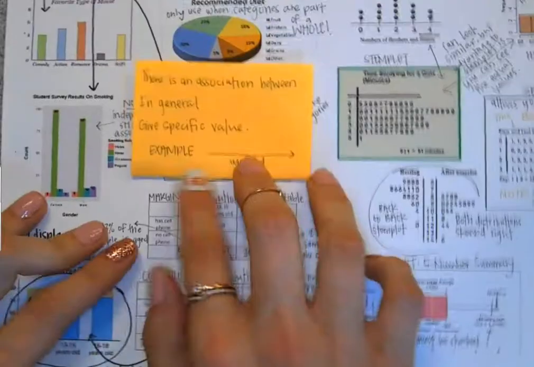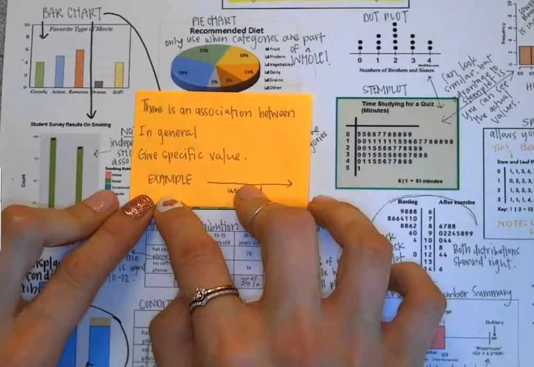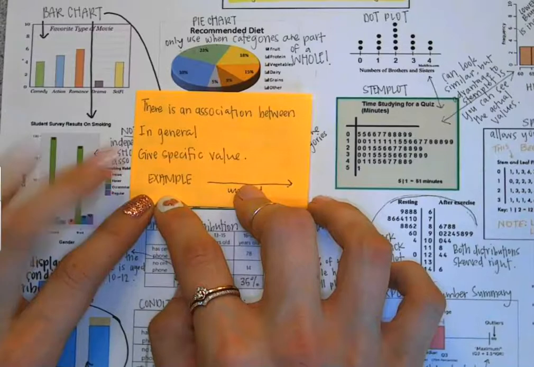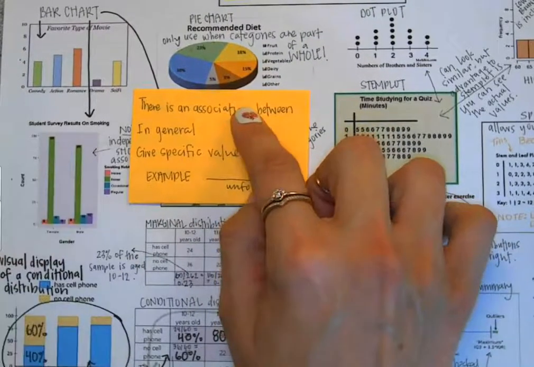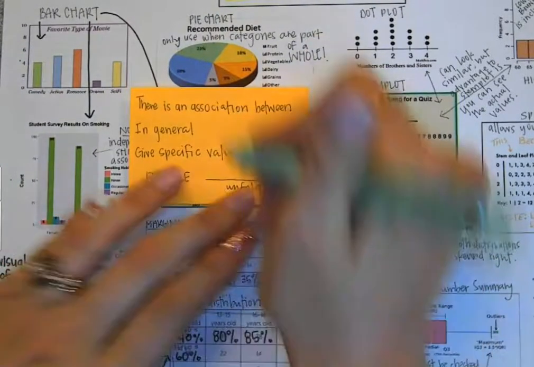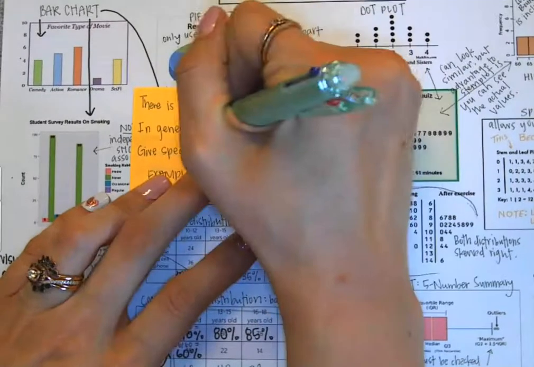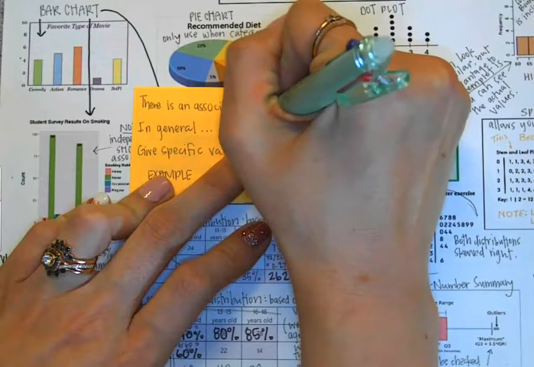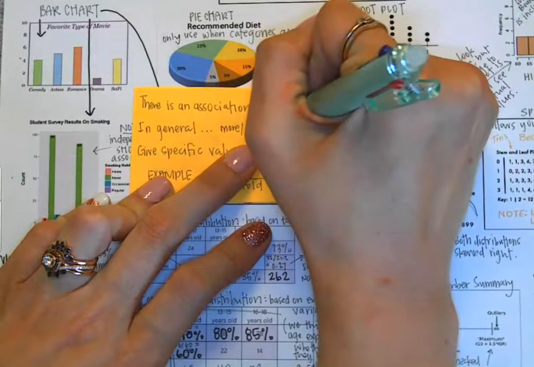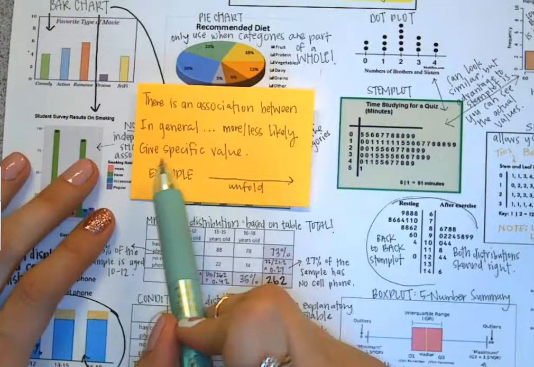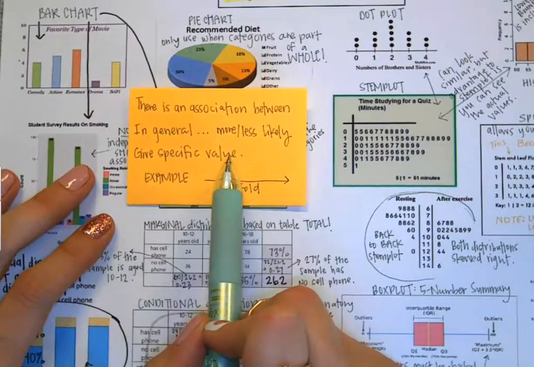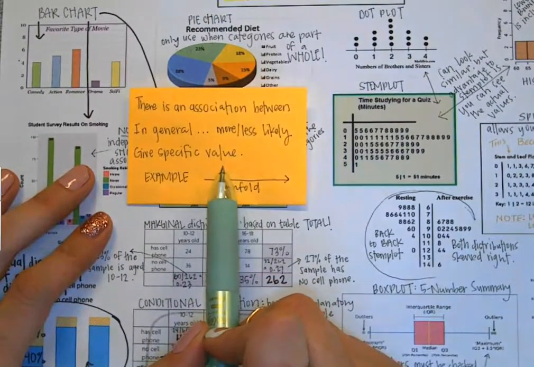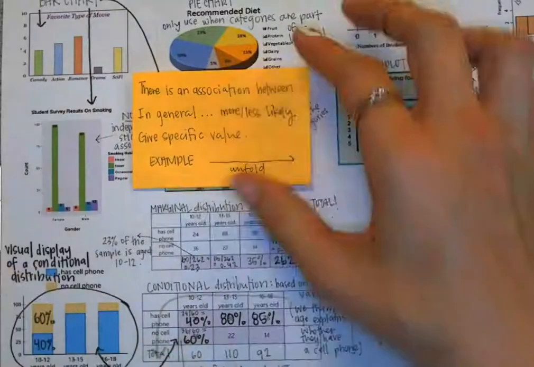So when you describe association, you need these 3 things. You need to say there is an association. You need to say in general, and you want to say more or less likely if you can. Then you want to give specific values from your segmented bar graph or your two-way table.